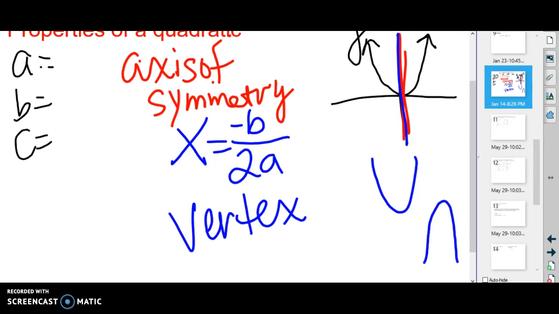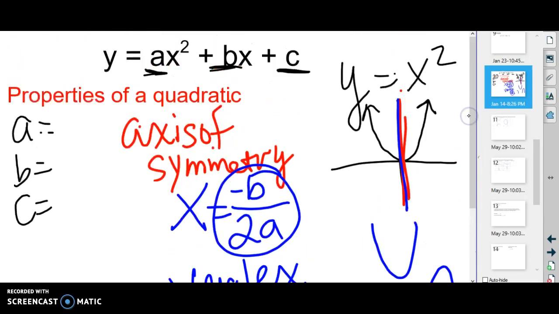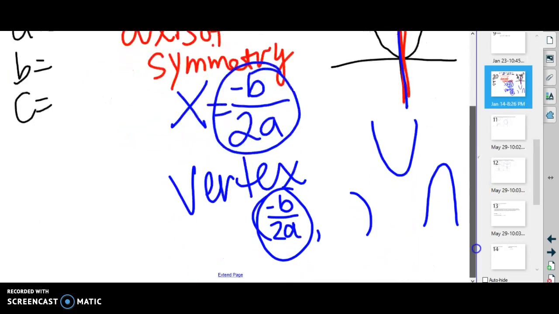So now for your vertex, that's always going to be an ordered pair. Whatever you got for your axis of symmetry is going to go right here. And then you just take whatever number this is and plug it back up into your formula up here. And so you just write parentheses, square, parentheses. I'll go through and show you a couple like that.